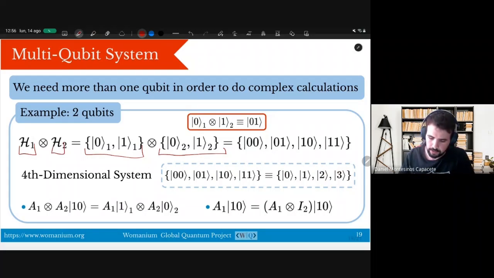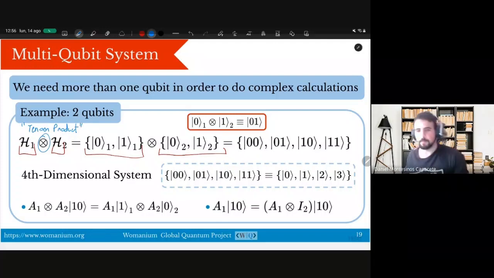This operation here, this strange multiplication symbol, is called the tensor product. I'm not going to go into detail on the tensor product, it's not my point. The only thing to tell you is that when you have more than one Hilbert space and you want to work with that, you have to do the tensor product of your Hilbert spaces.